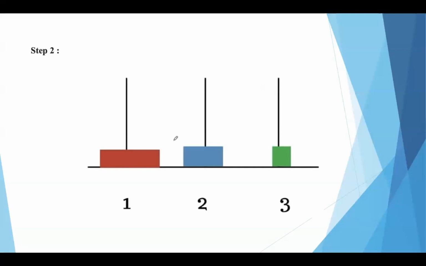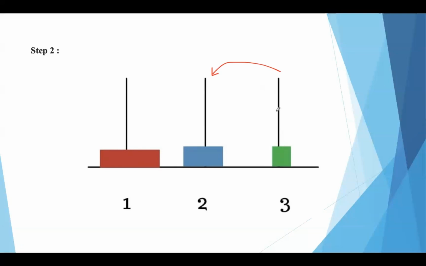After doing that, the representation is like this. And the smallest disc, what is the smallest disc here? That is the green one, which is placed on rod 3. Now you need to shift this back onto the top of rod 2, so that rod 3 will be empty, so that you can shift the red disc to rod 3.